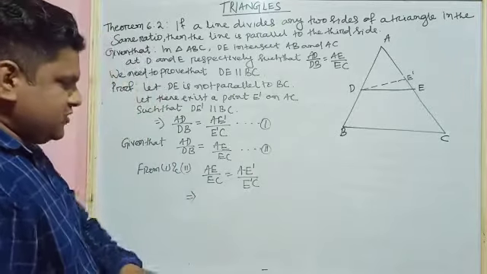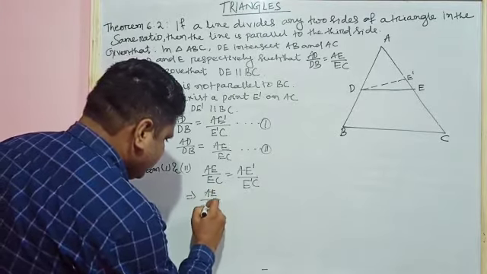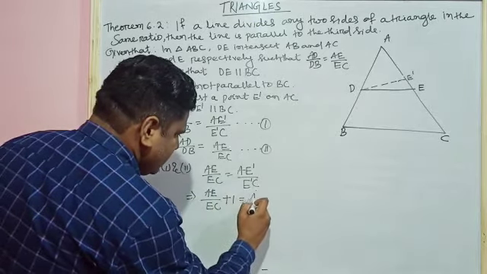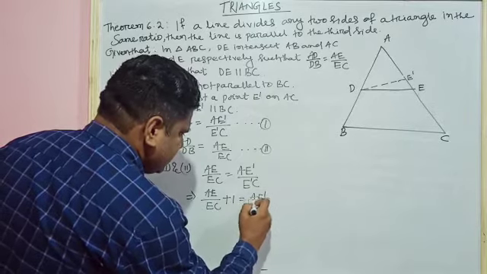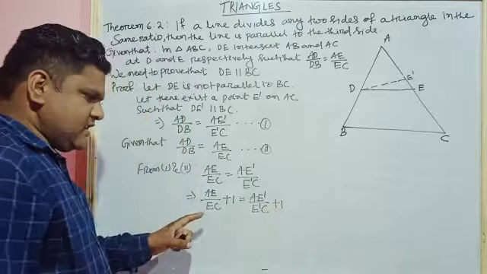Let's add 1 on both sides. It will be AE by EC plus 1 is equal to AE dash by E dash C plus 1. 1 is added on both sides.